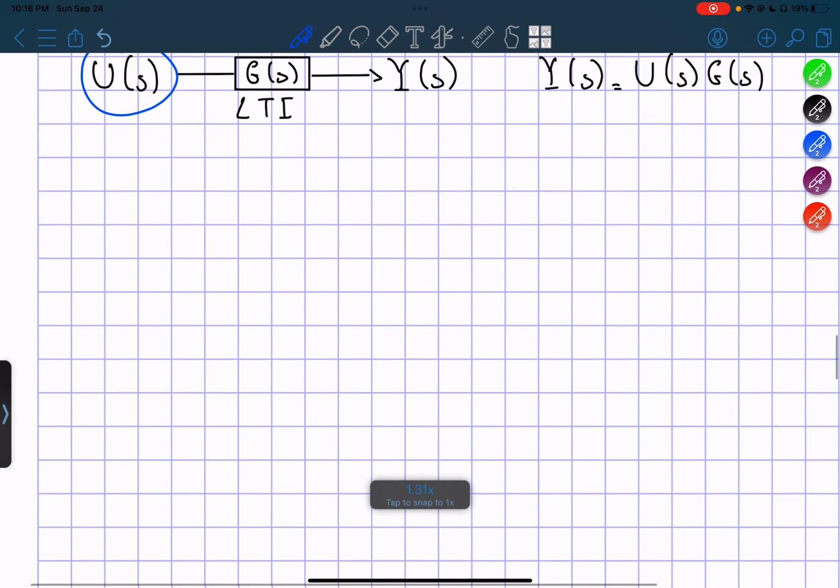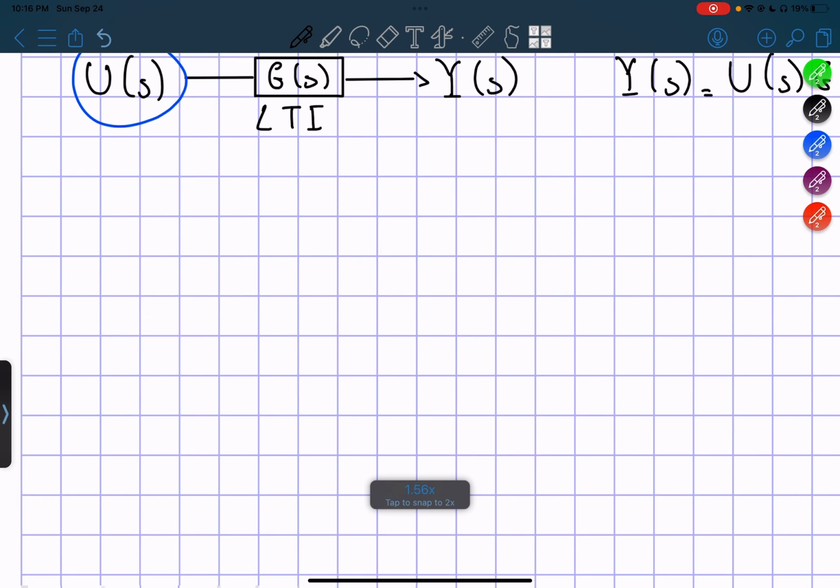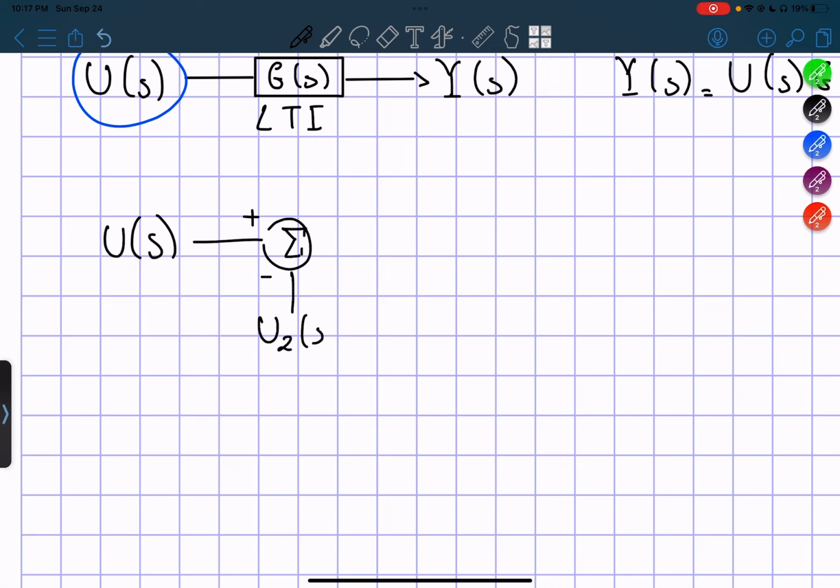The easiest things, for example, are multiplications and additions. So we can say, for example, that instead of having multiplication, we have u of s, so our input, that goes in our block. Actually, sorry, that has a circle here. Sometimes you will see a sigma for the addition. So I'm going to put plus here, and then I can put a minus here, and here I'm going to give another input, so I'm going to put u2.